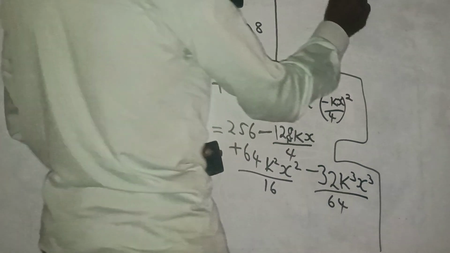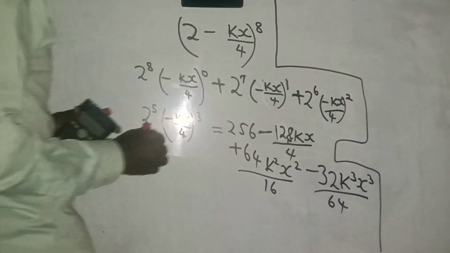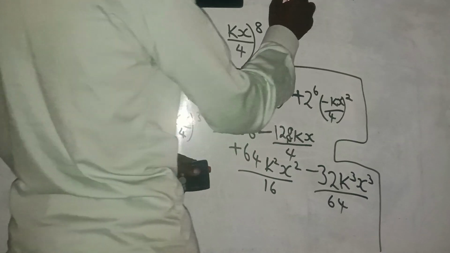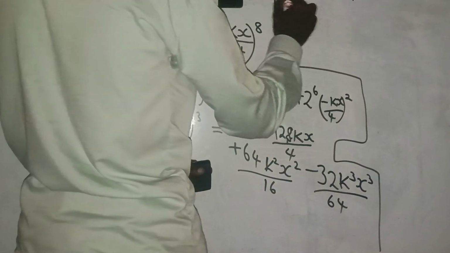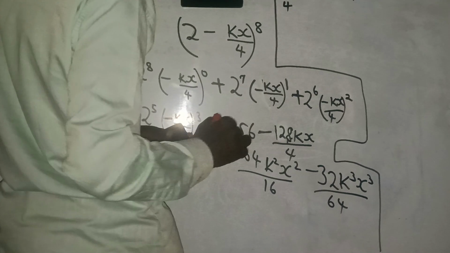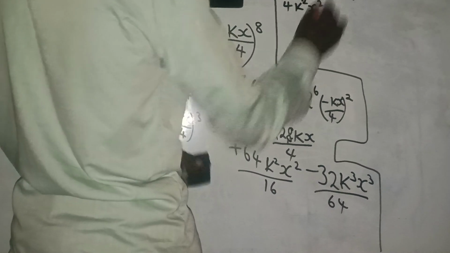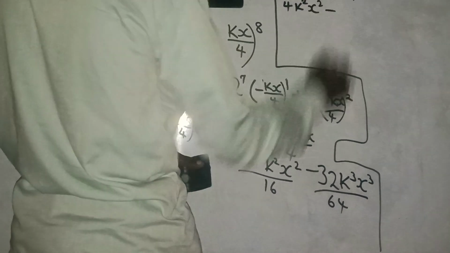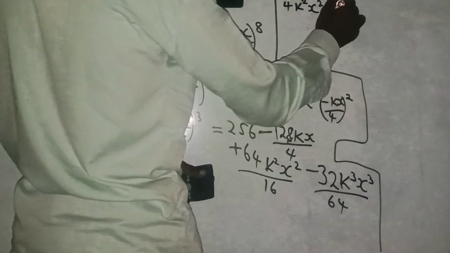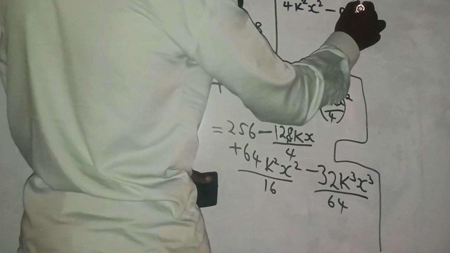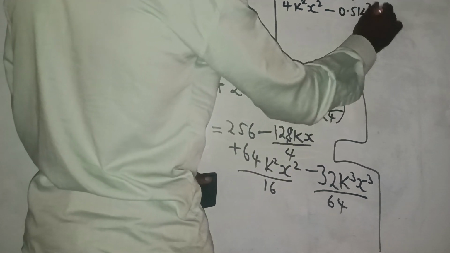Then plus, this is going to be 64 divided by 16, that is 4, so plus 4 k squared x squared, then we shall say minus, so 32 over 64, that is a half, you can just say 0.5, then we shall have k cubed x cubed.